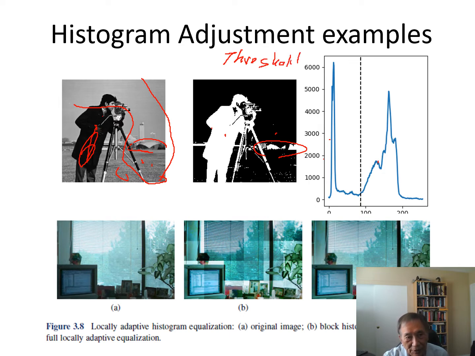Given this is a frequency and here's the pixel value, we see one big peak and another big peak. Whenever we have two peaks, we find the middle ground and cut it. Any value below this one, like here 100, will take a value of 0, and anything above 100, or actually it looks more like 90-something, will take a value of 1. That way we can make a black and white picture with binary values.